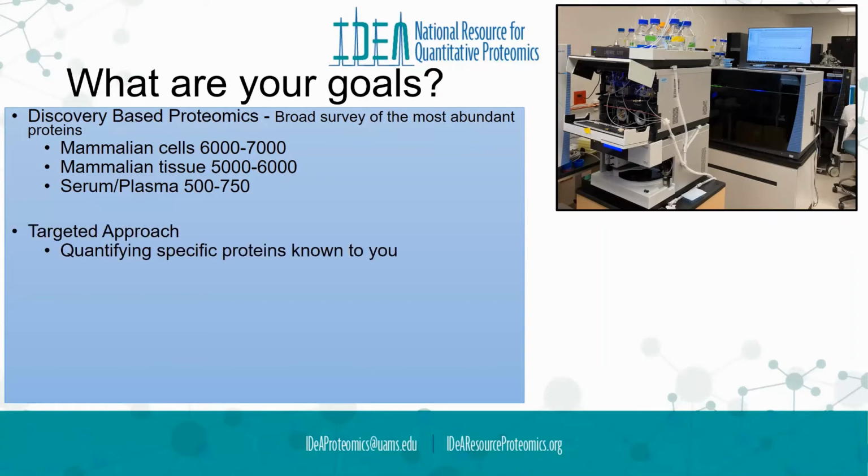If you're doing a targeted approach to proteomics, that means that you tell us the small handful of proteins that you are interested in monitoring its concentration. And we can do that analysis for you as well.